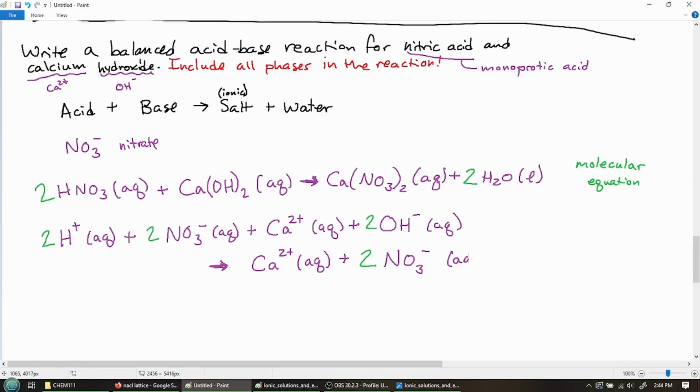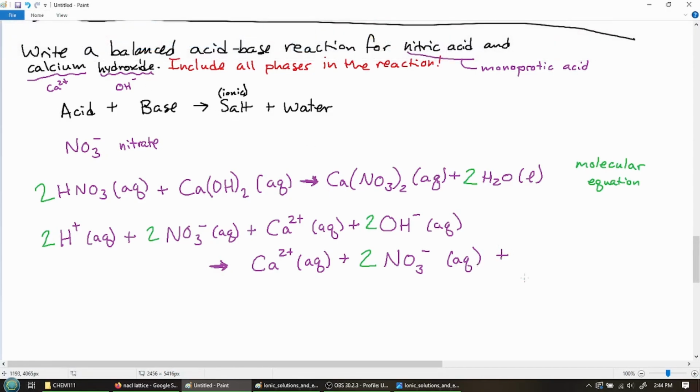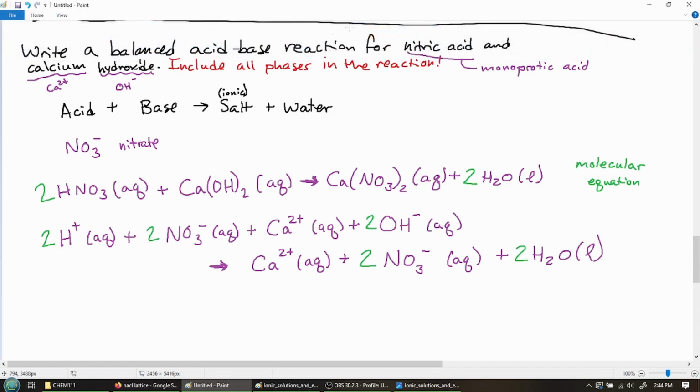Okay, likewise, these will be aqueous. And then here at the end, we're just going to have those 2 liquid water molecules. Now, let me put a little divider bar in here.